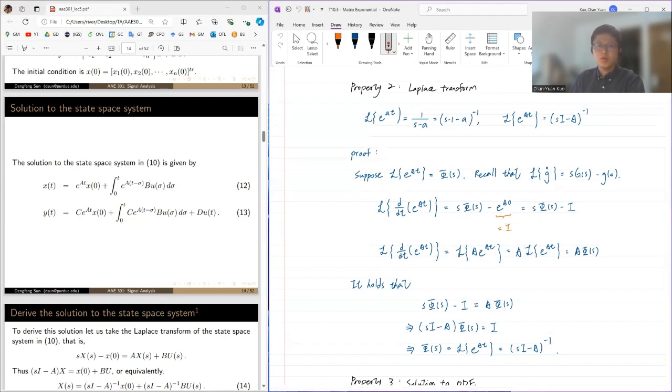So the Laplace transform of the derivative of e to the A times t is equal to the Laplace transform of A times e to the A times t, which is equal to A times phi of s.